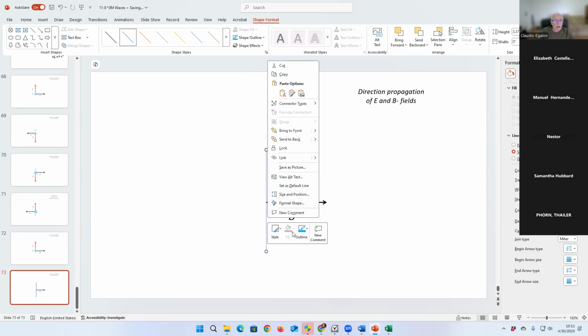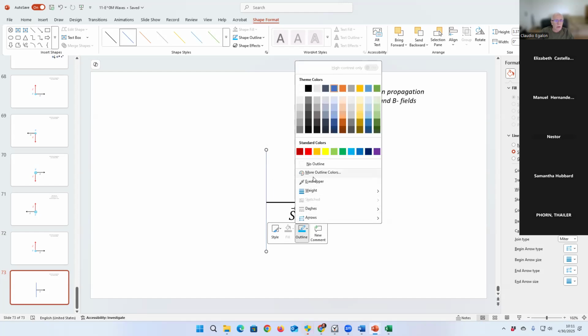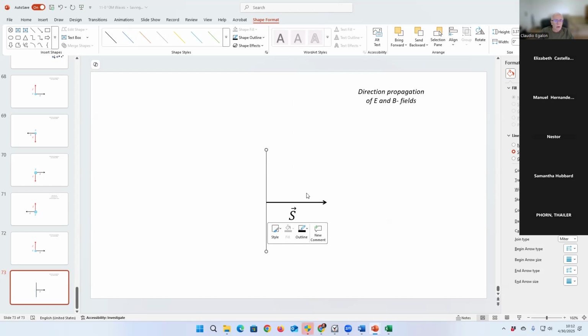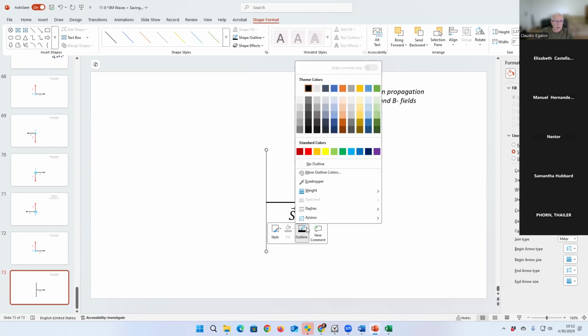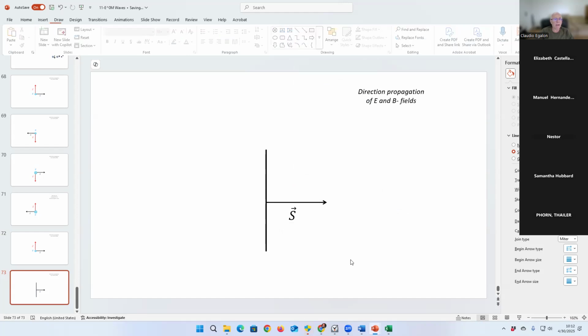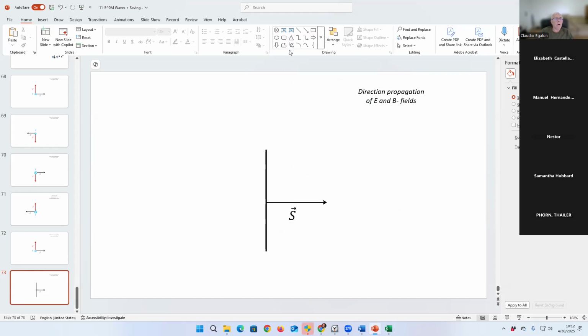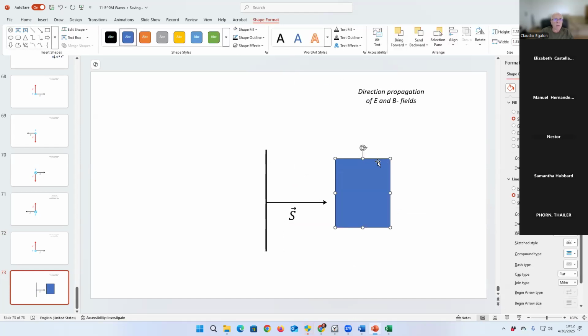I'm going to put it in black color. This front is actually a plane. It's a plane that I didn't draw, but I can draw it here for you. Let's see if I can do that with this one. No, not this one.